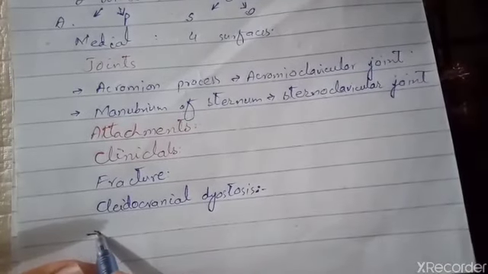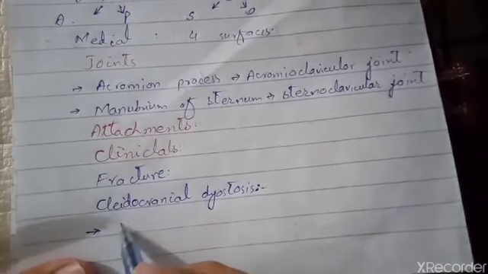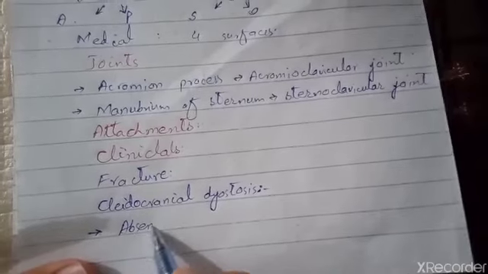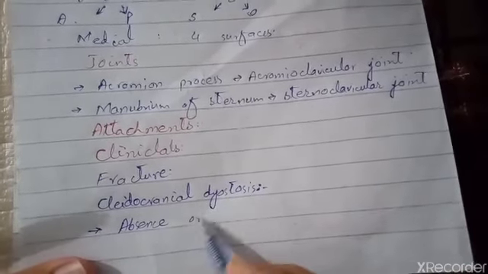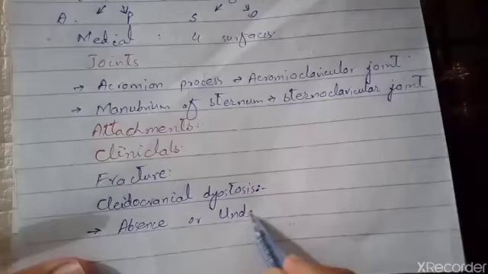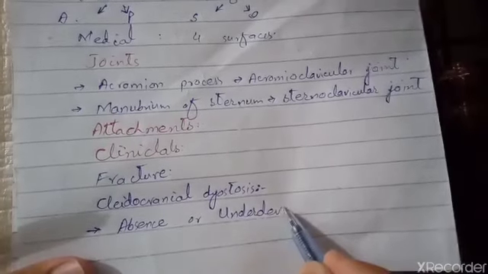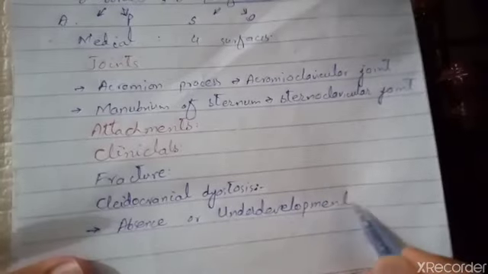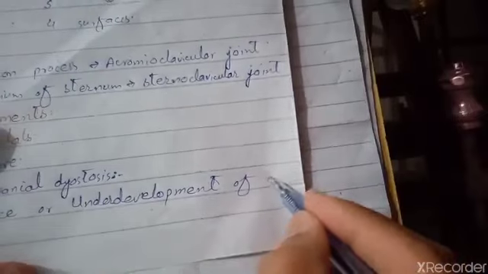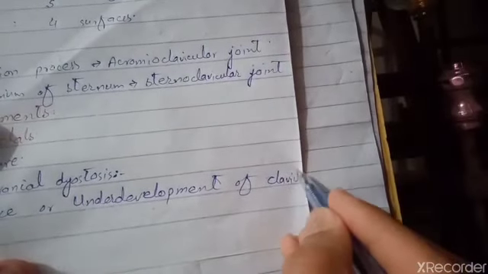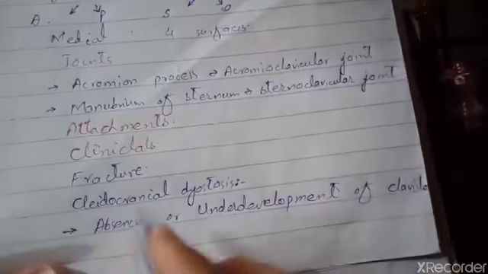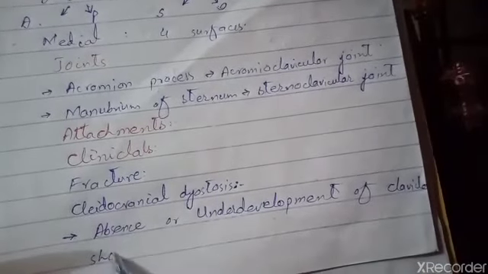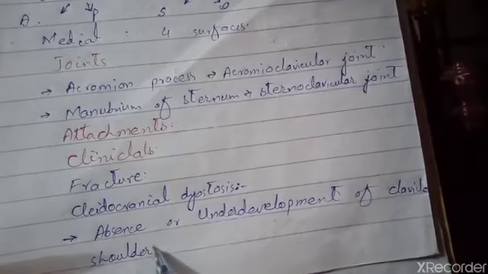In this clinical there is absence or underdevelopment of clavicle. Okay, and as a result shoulders can droop.